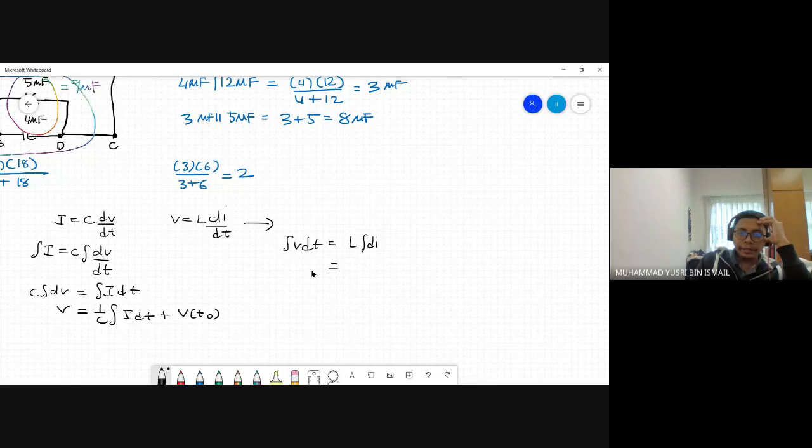So integration of current equals, bringing L to the left hand side, 1 over L integration of V dt plus I at t naught.